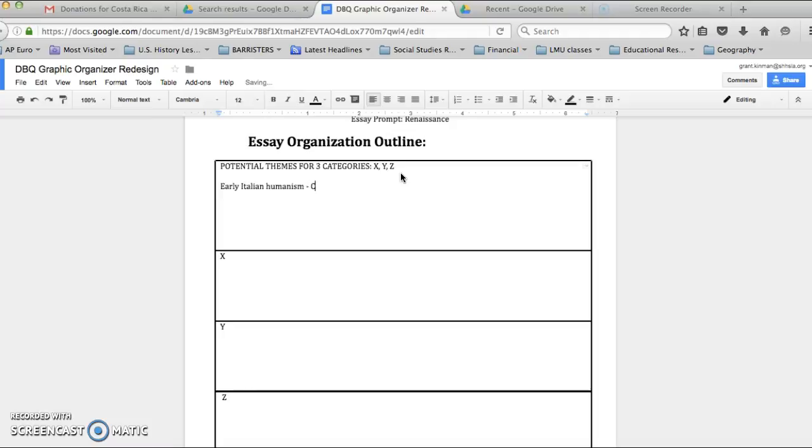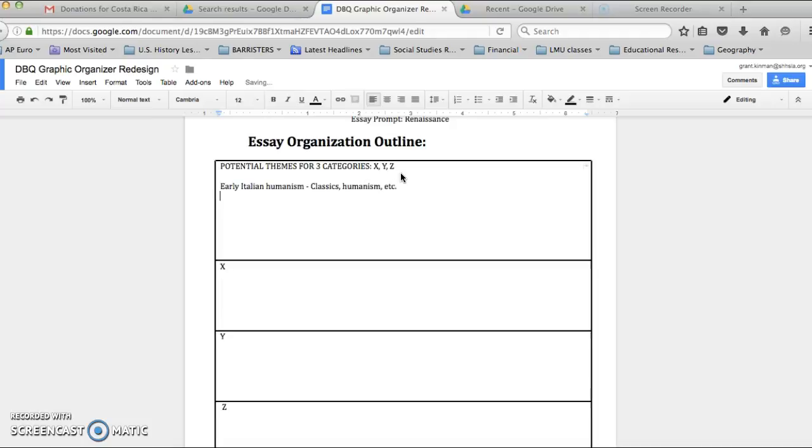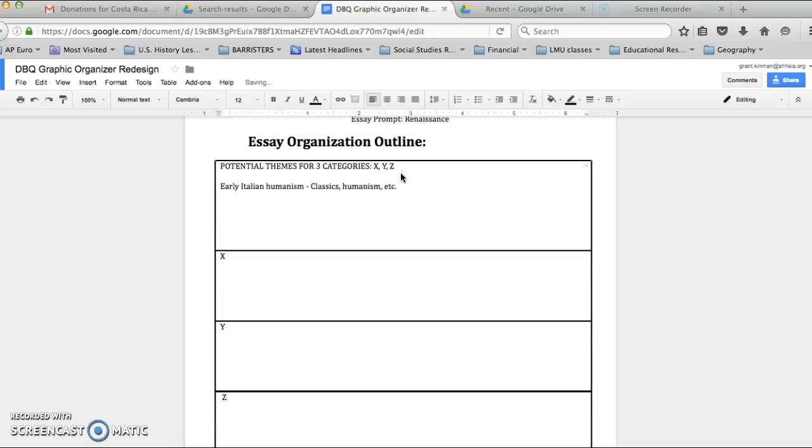And that's centered on the ideas of classics, humanism, etc. And then we get into Northern humanism, and a major distinction is it's centered around Christianity, but specifically around Christian reform, and of course the classics as well. So they're going to combine elements of early humanism, but focus mainly on writing about Christian reform.